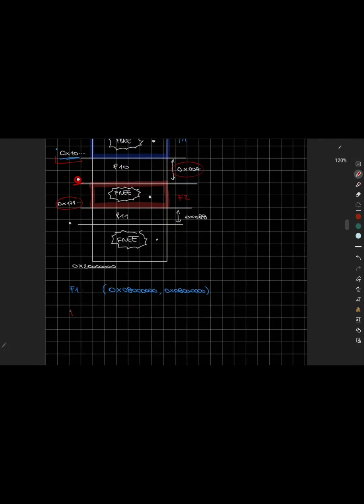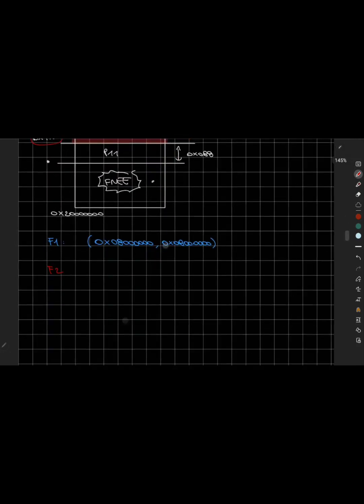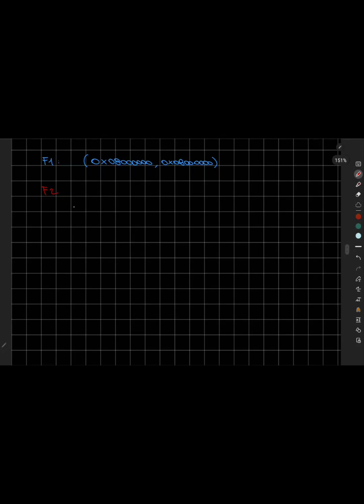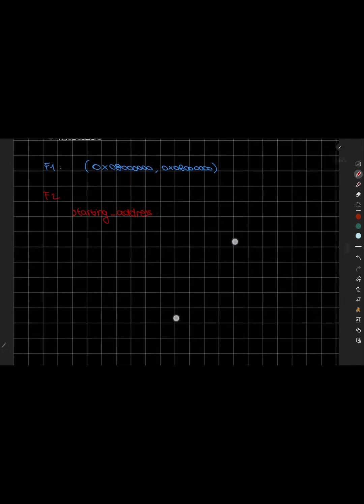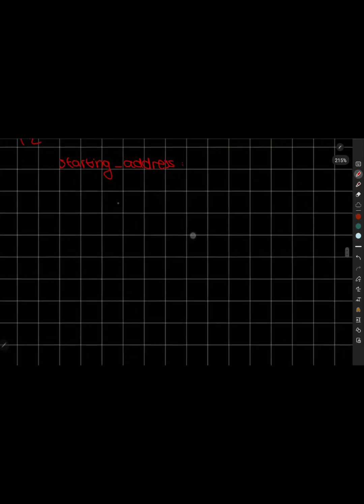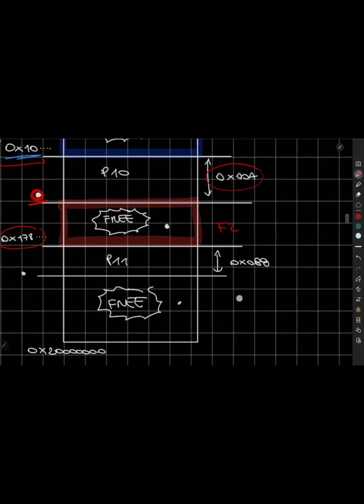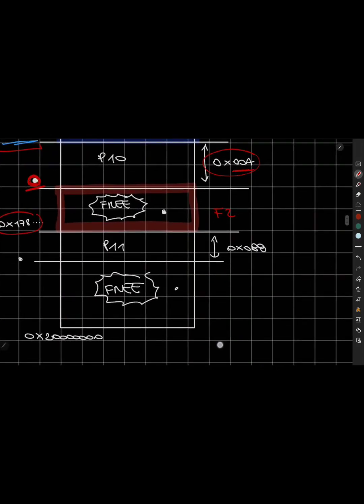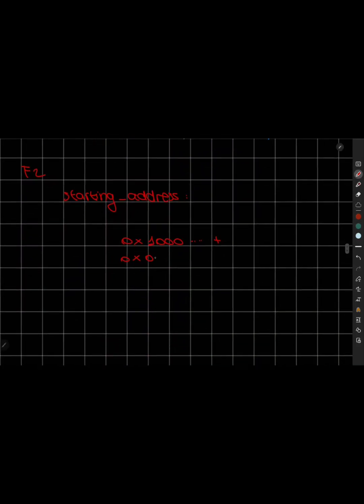So for F2 we are calculating the starting address by adding to 01 and so on the size of the process P10, which is 00A.